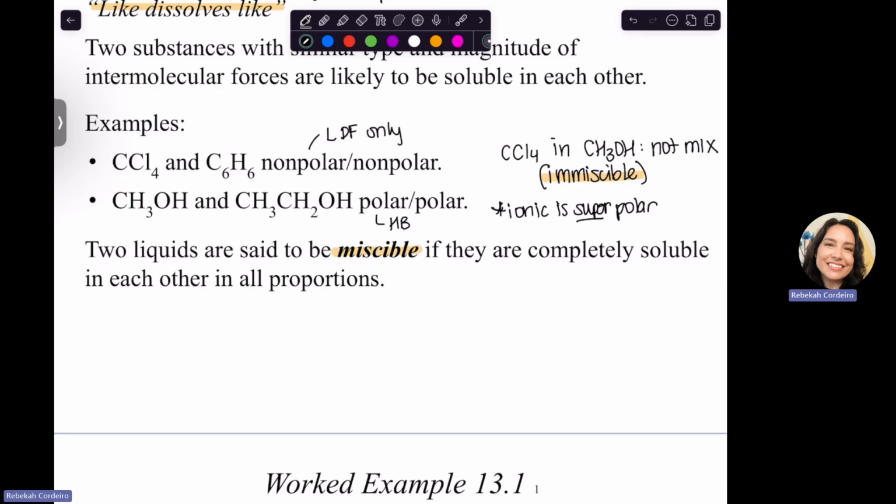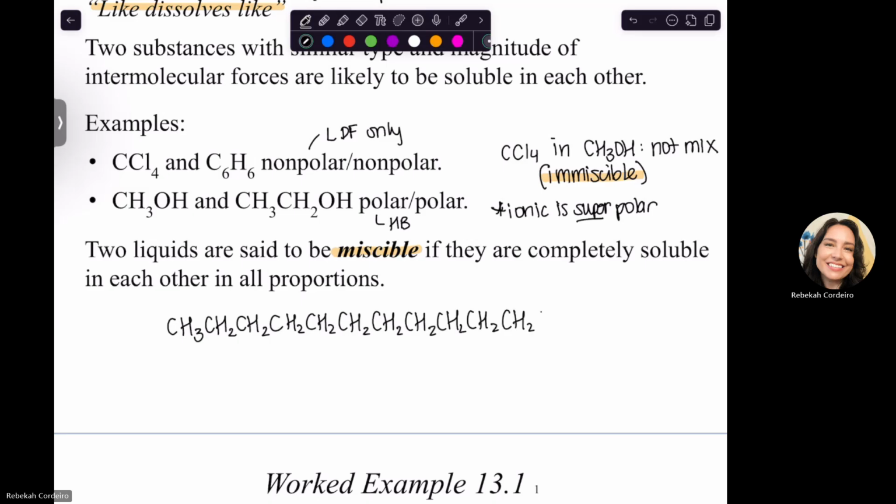Now, speaking of oil, let me show you an example of a molecule that might look similar to a molecule in oil. Would you consider that molecule to be polar or nonpolar? If you had to pick, polar or nonpolar?